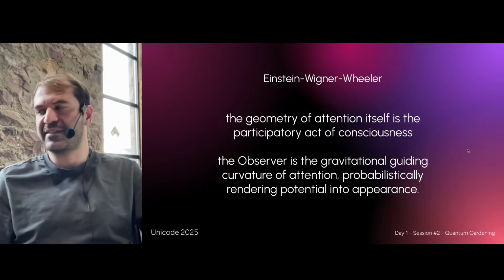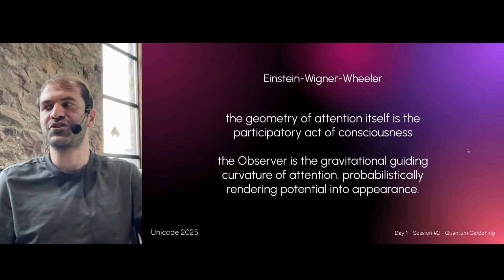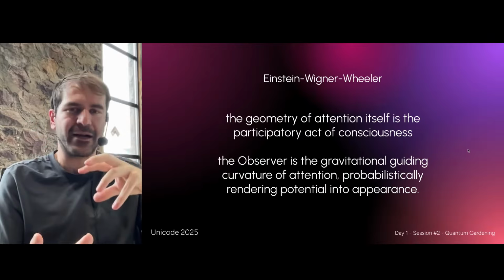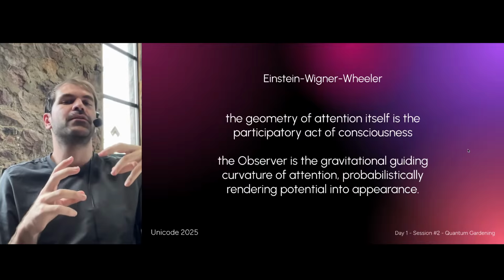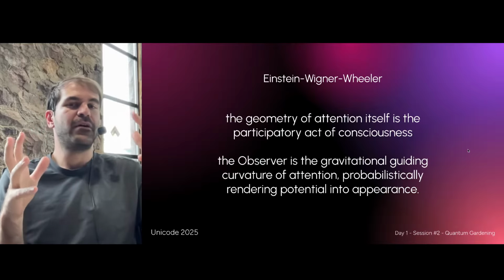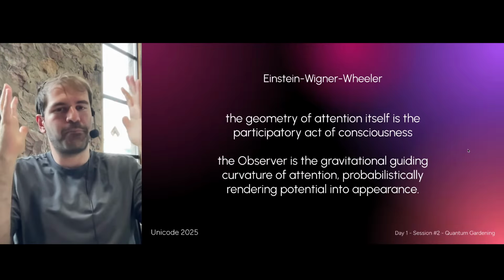So a good way to summarize what an Einstein-Wigner-Wheeler interpretation could be is something like: the geometry of attention itself is the participatory act of consciousness. The observer is the gravitational guiding curvature of attention that's probabilistically rendering potential into appearance.